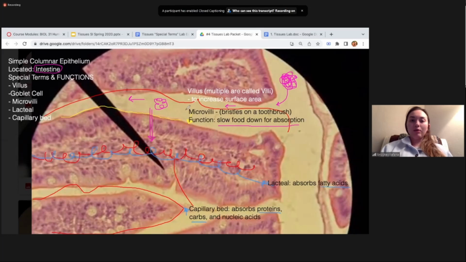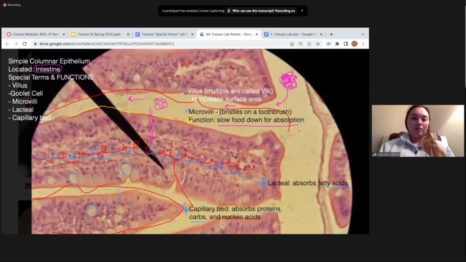Okay, so the microvilli, we got that function. Villus, we get that's the overall thing. Lacteal is inside of the villus, and then the capillary bed is as well. And then we have our goblet cells. So each of these little round white circles that you see represents a goblet cell.